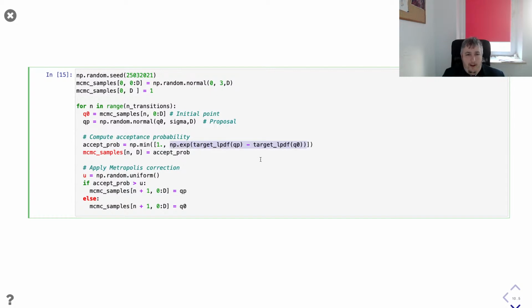Why did we do it like this? Because when we use the probability distribution logarithmically, we avoid the problem that, for example in a normal distribution, too many sigmas away from the mean, the values of the density function are very, very small. Instead of dividing those two values by each other, we just exponentiate the difference of logarithms, and that allows us to avoid rounding errors.